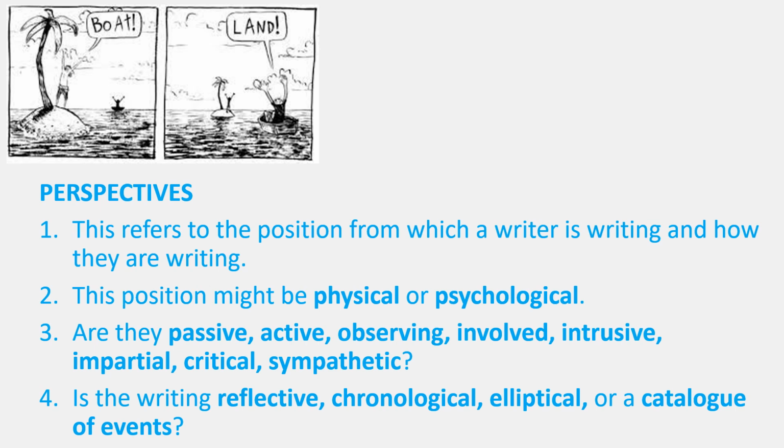So there might be different physical perspectives or points of view from which a writer is writing. If we think about an example, let's say you're reading something about a gig, a music festival.